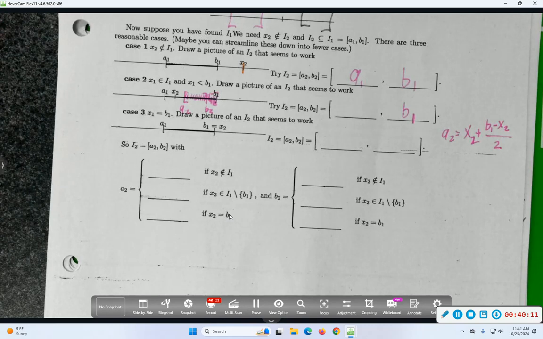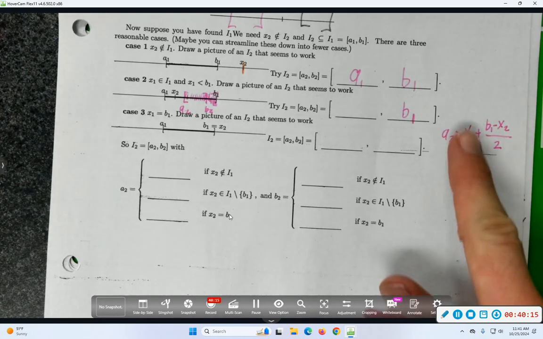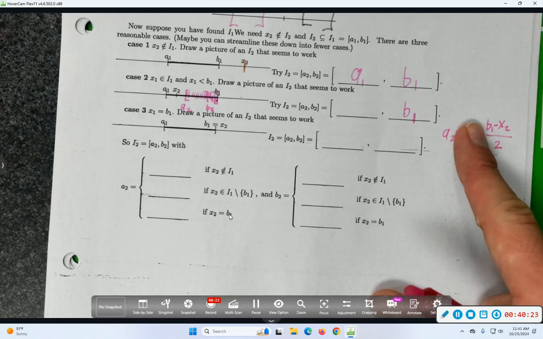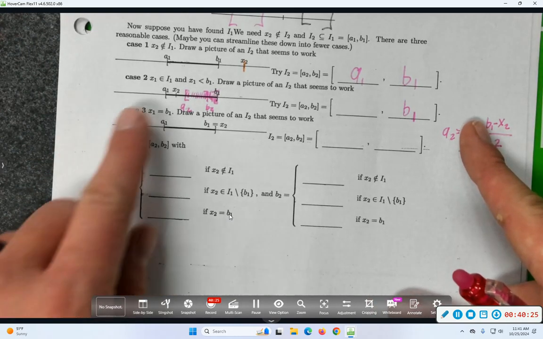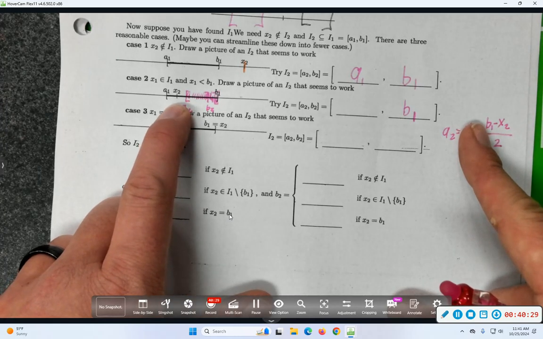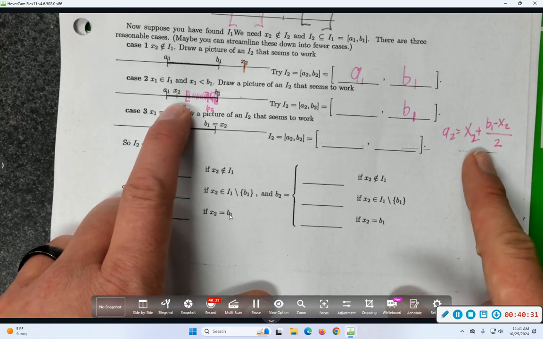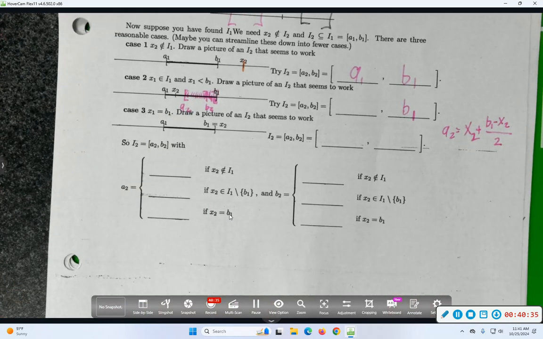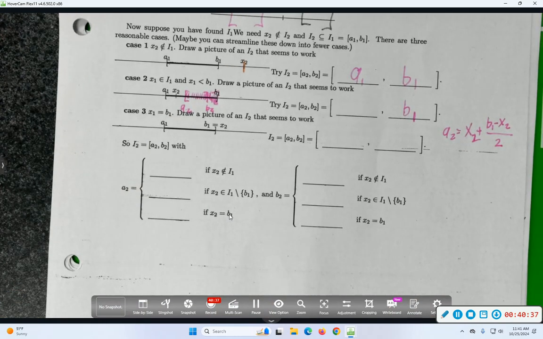We just use the midpoint. Might be a little bit simpler afterwards. B1 minus x2 over 2. I think the trouble is that I need it to be bigger than x2 as well. Yeah, and this is the average, isn't it? Yeah, yes, that's what I was trying to get you to say. That's the formula for the average.